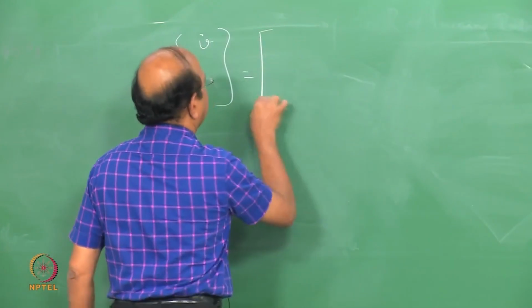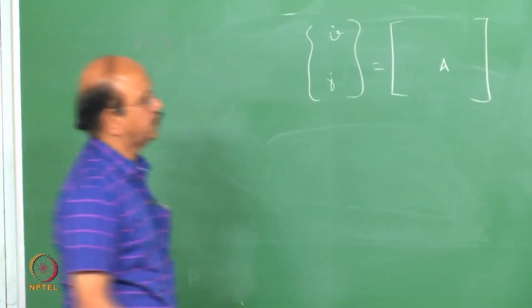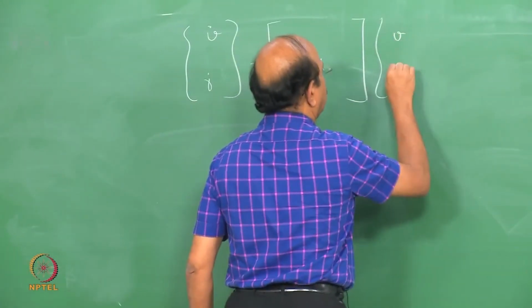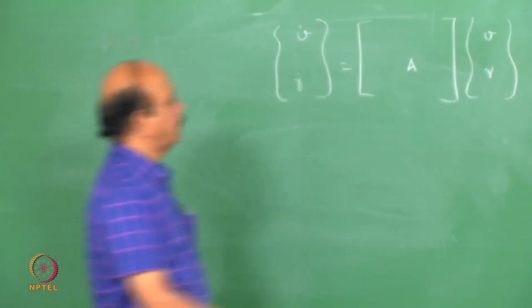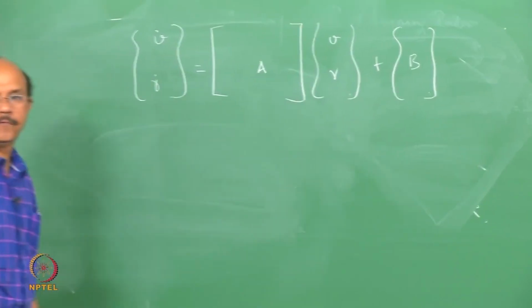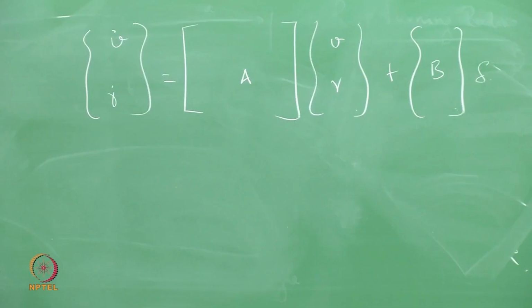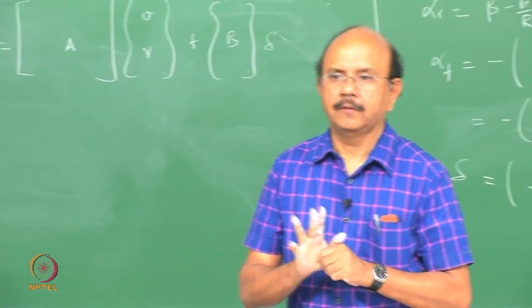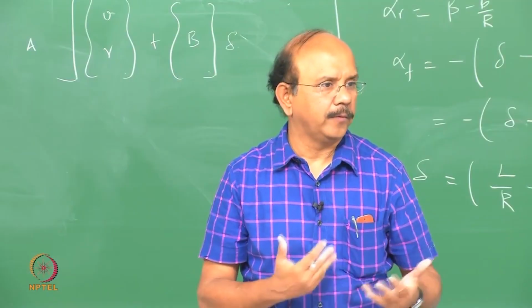I'm going to readjust those terms, V, R, plus B into delta. Essentially, what I have done is just rearranged the terms. Clear? Any questions? Nothing. No big calculations.